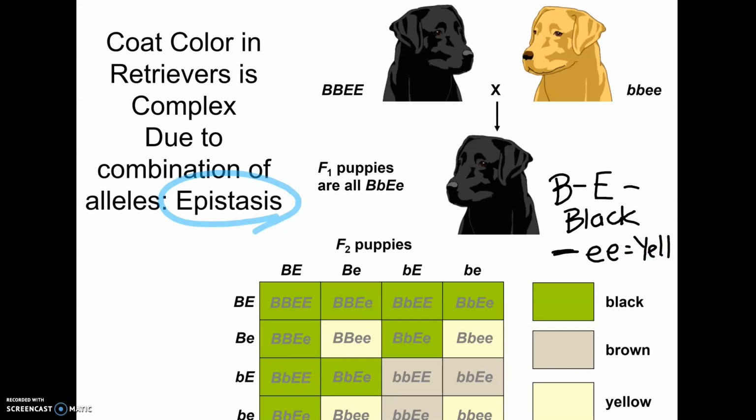And if you specifically have the combination of little b, and anything for E, you will be a brown lab. So the specific combination, it's like two completely separate genes, but they work together to give you an outcome.